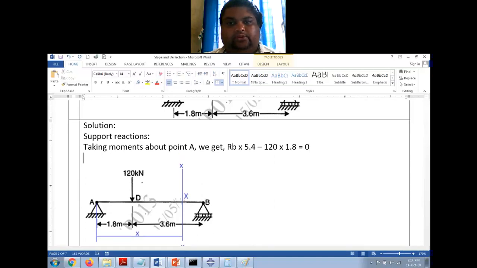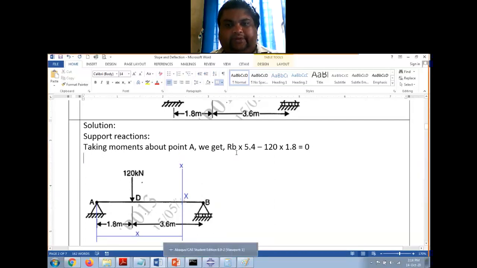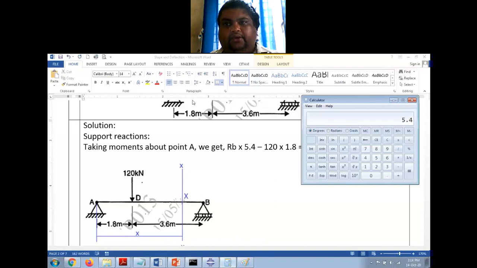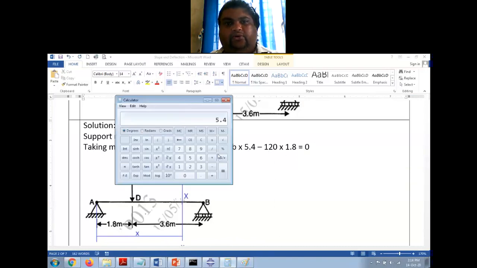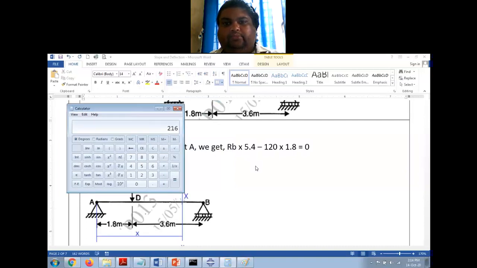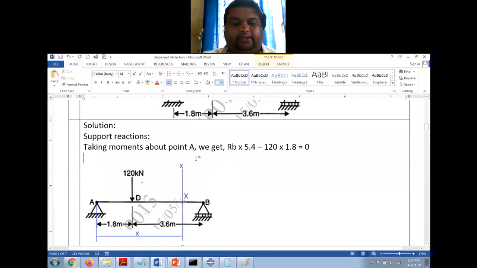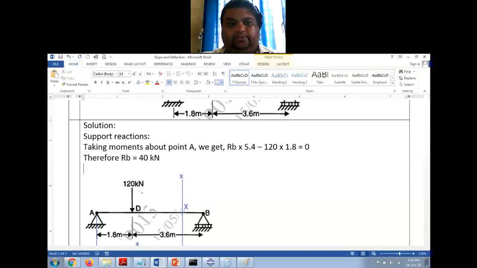Upon solving this, you will get the value of RB. This is negative, it will go on the other side as positive. 120 into 1.8 is 216. 216 by 5.4 is 40 kilonewton. That is your RB. Therefore, RB is equal to 40 kilonewton.